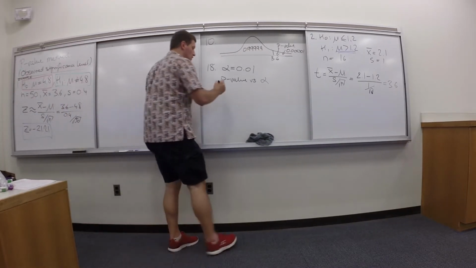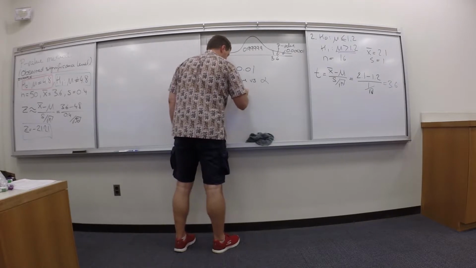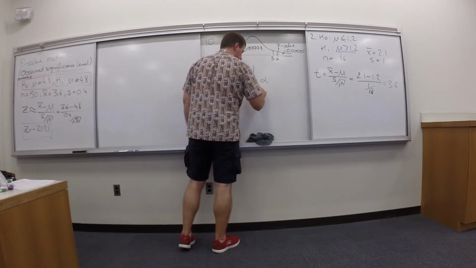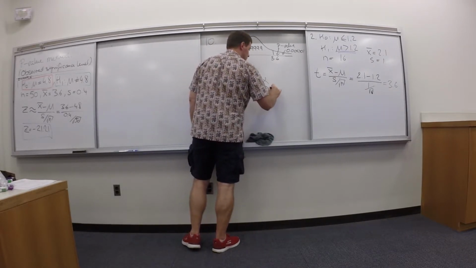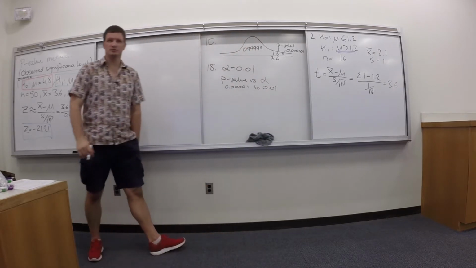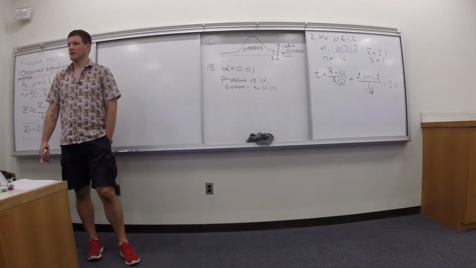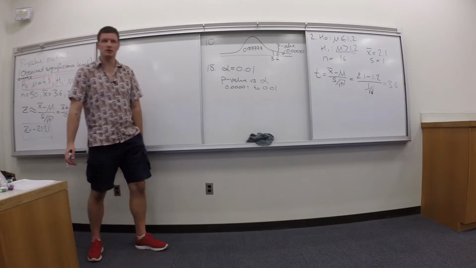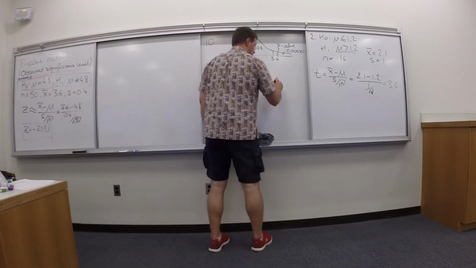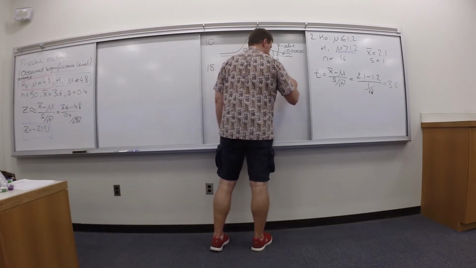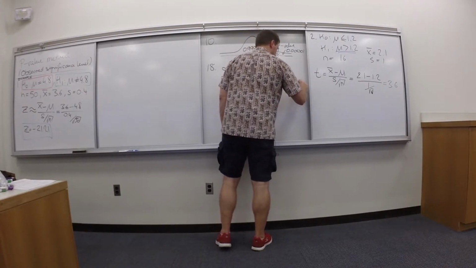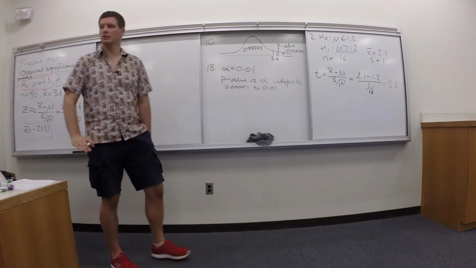So what are we comparing? We are comparing 0.00001 to 0.01. Which one is bigger? Alpha is bigger, right? The p-value is smaller, which implies that we're going to reject H sub 0. And we're done.